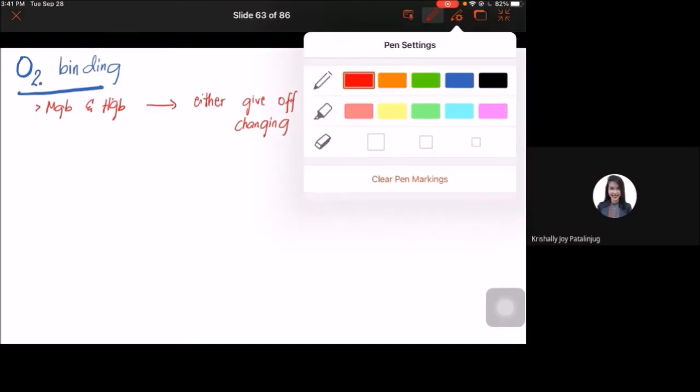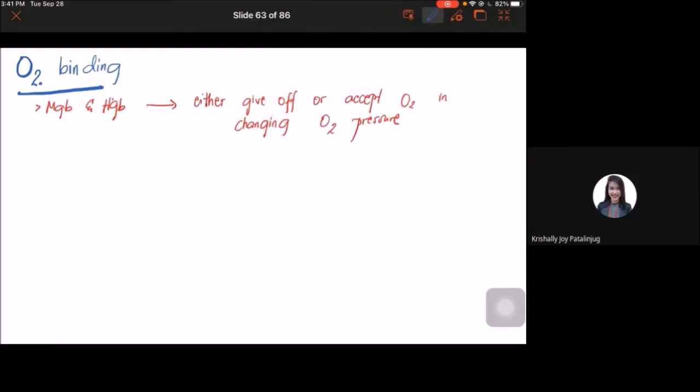Let's start first with the behavior of hemoglobin when it comes to oxygen binding. We will take up hemoglobin before myoglobin.